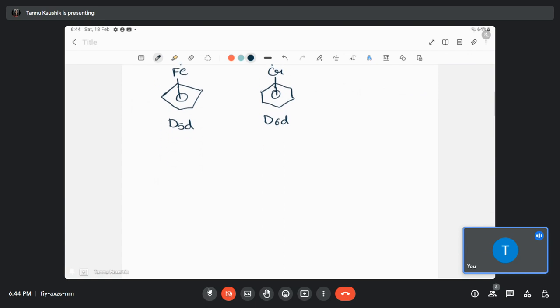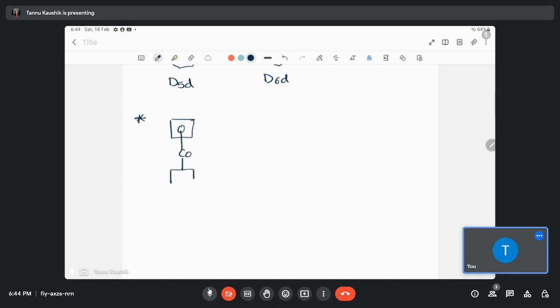So when we have eclipsed metallocenes, where both of the rings are eclipsed, stacked on each other, then we will have Dnh point groups.